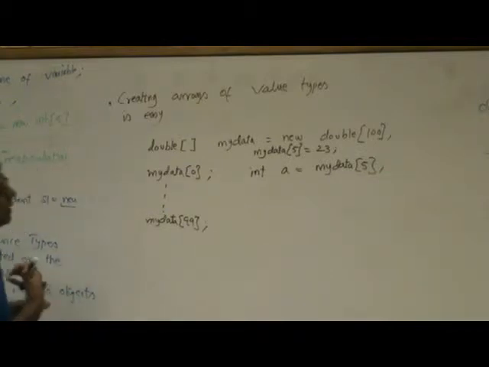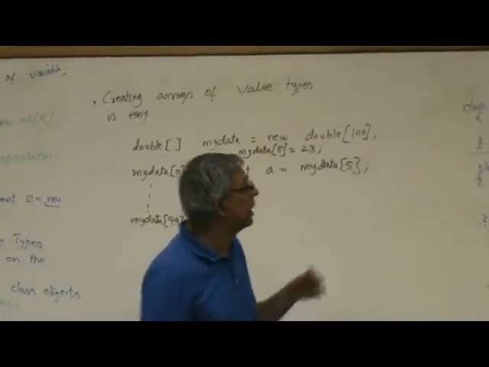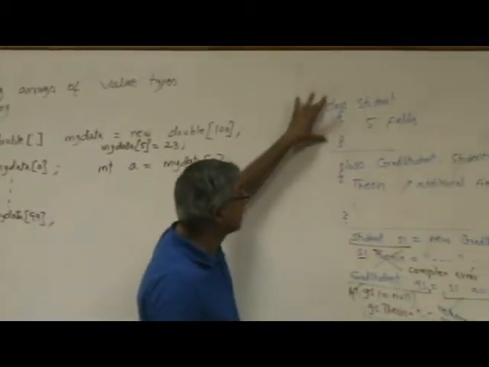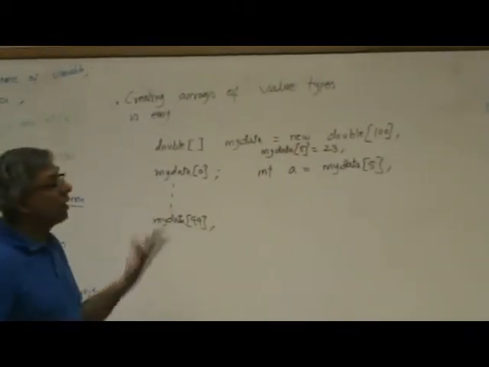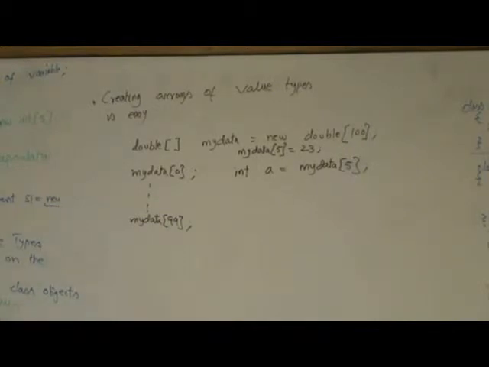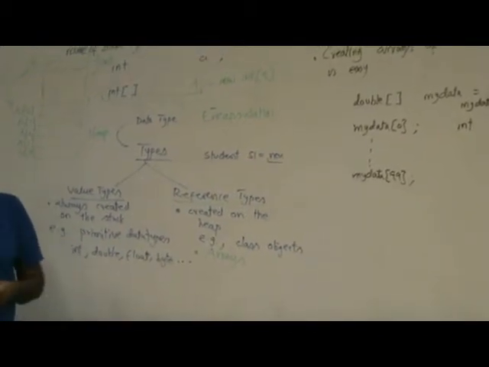But sometimes we need to create an array of reference types. For example, let's say we are creating a university application and we have 5,000 students, 2,000 graduate students. Obviously we need to create an array of 5,000 students, an array of 2,000 graduate students, but a class is a reference type. A reference type itself is created on the heap.